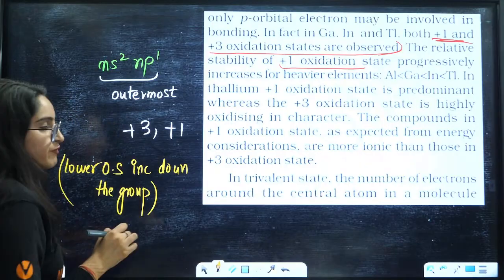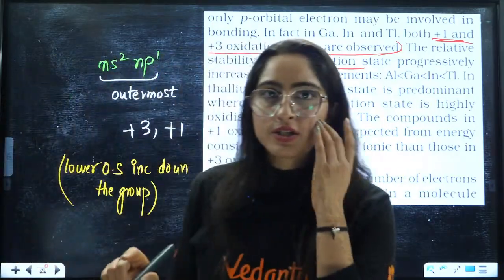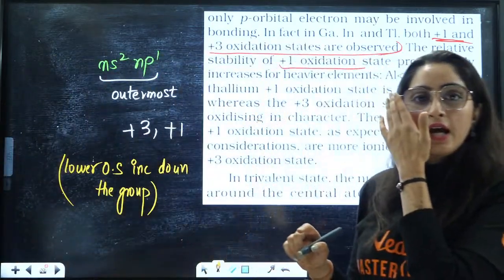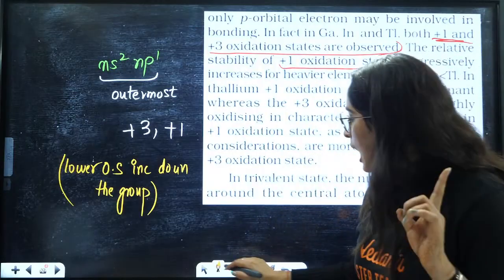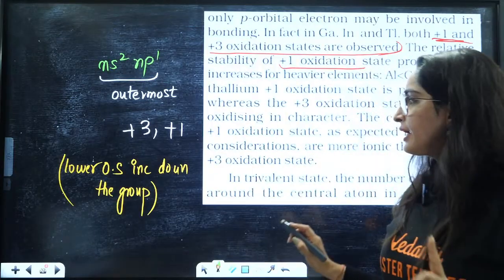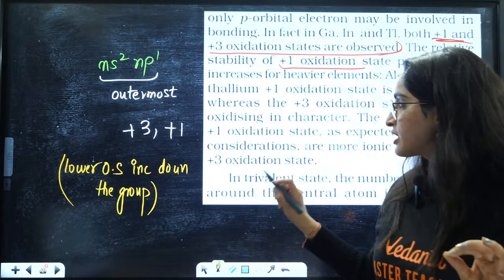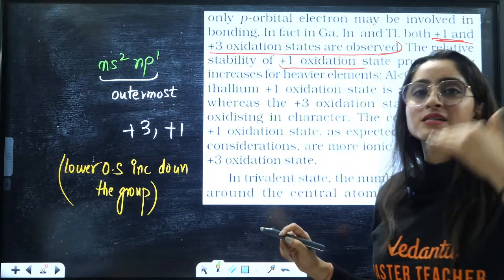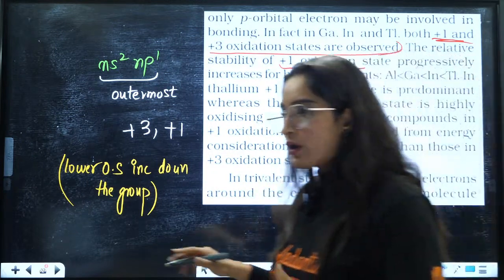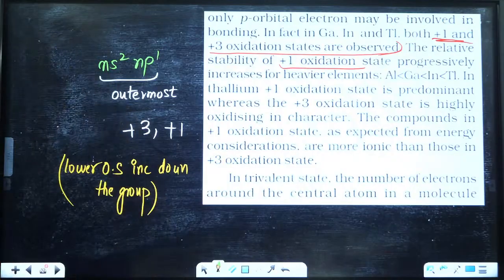Every group will have two oxidation states, a higher one and a lower one, but the lower oxidation state increases down the group, right?